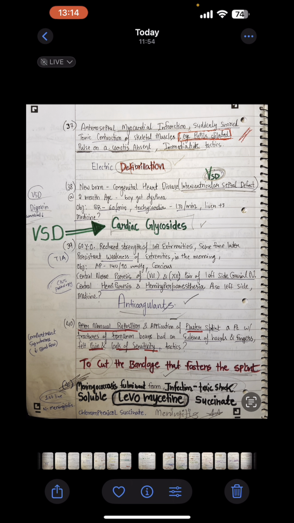Next patient, after the manual reposition and application of the plaster splint, a patient with a fracture of forearm bones had edema of hands and fingers, felt pain and lack of sensitivity. They applied some splint or plaster to the patient, which caused some problems: edema of the hands and fingers, pain, lack of sensitivity. So what's the use of applying that plaster, which is further complicating the patient? This is the case of compartment syndrome.